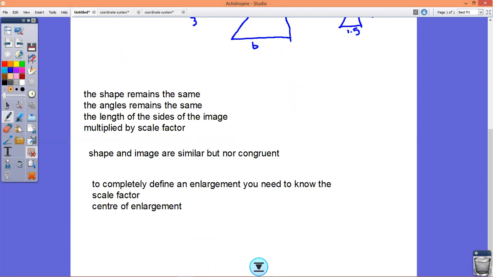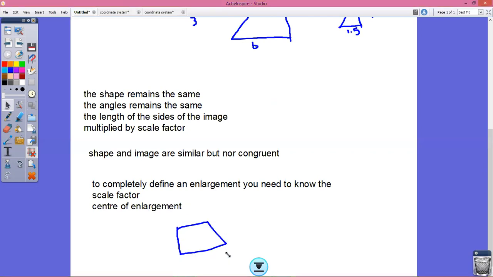After that, we need to know the center of enlargement. Now here, if we are going to draw another shape, let's say I draw this one, we absolutely need to know the scale factor and center of enlargement.